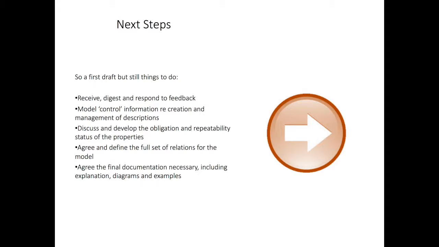We need to discuss and agree the obligation and repeatability status of our properties, and we need to agree and define the full set of relations in the model and give much more there than we have currently in the draft. And I think that relates also to the final point, that we need to look very clearly at the documentation necessary and provide more explanation, diagrams and examples to make the nature, scope and purposes of the model clear. As we do this, of course, we'll be continuing to validate the model against a developing ontology.